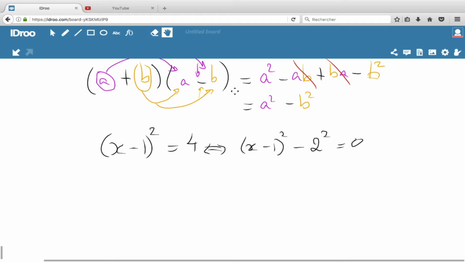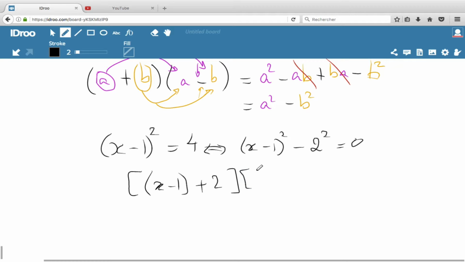And now you can do the factorization. You can do this by saying that's x minus 1 minus 2, or plus 2 if we take the same way that we have done, times x minus 1 minus 2.